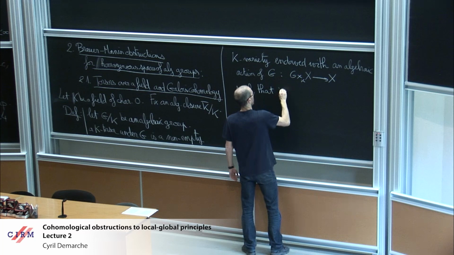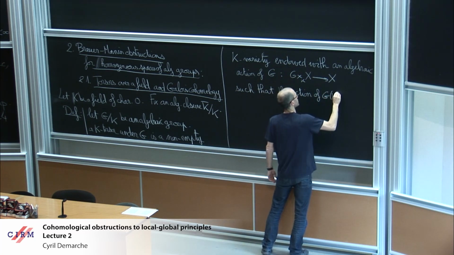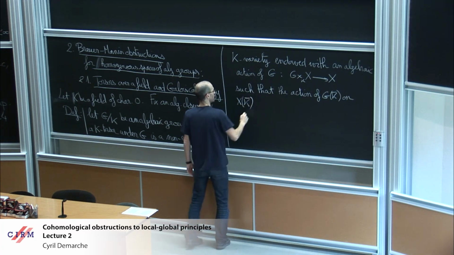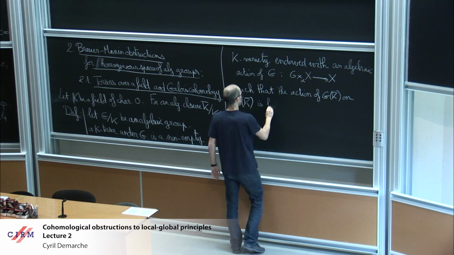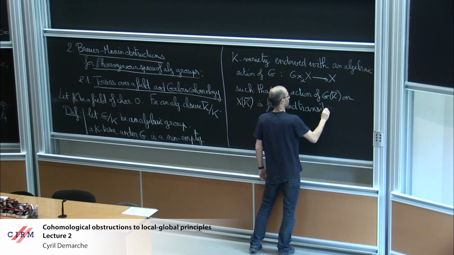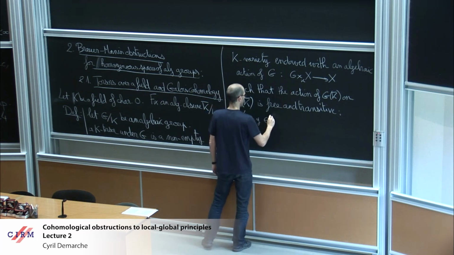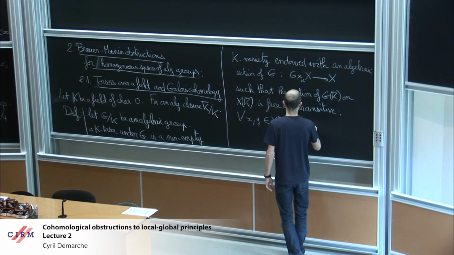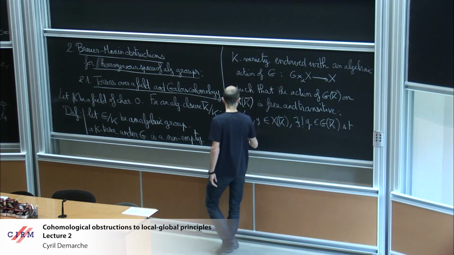The action of G(k bar) on X(k bar) is free and transitive, which means for any 2 points x and y in X(k bar), you can find a unique g in G(k bar) such that y is x times g.